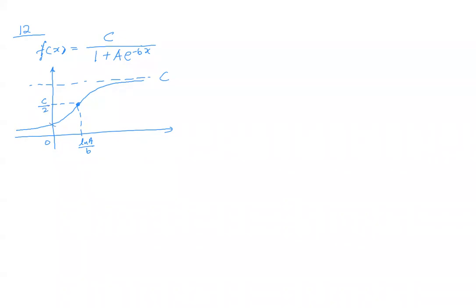Okay, then how about the y-intercept? C over 1 plus A. Yeah, 1 plus A. So all these are the important ones that you have to jot down so that you have this. Now you can use this to compare with our model here.